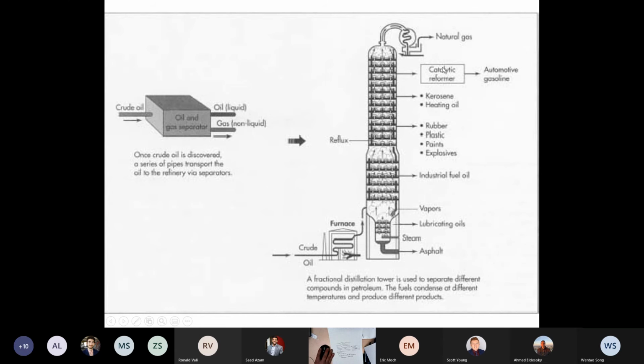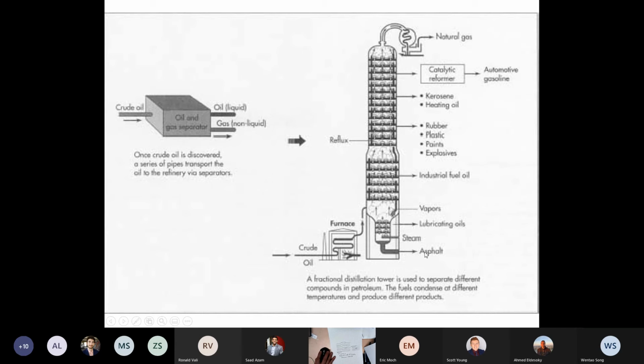So things like gasoline and kerosene come off near the top, and materials that are used for rubber and plastics and paints come off near the middle, and fuel oil comes off down at the bottom where it's relatively hot. But at the bottom, things that at these temperatures don't really evaporate much in the still, like asphalt and tar, they come out the bottom, okay?